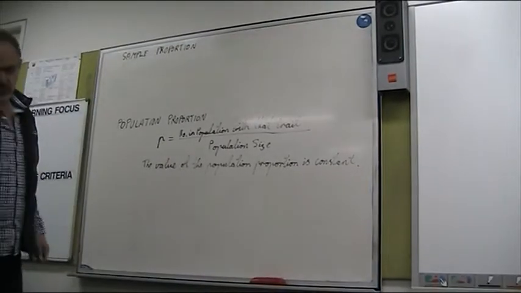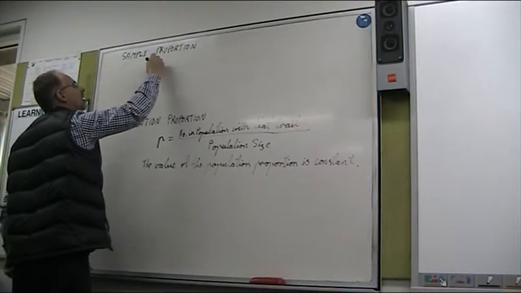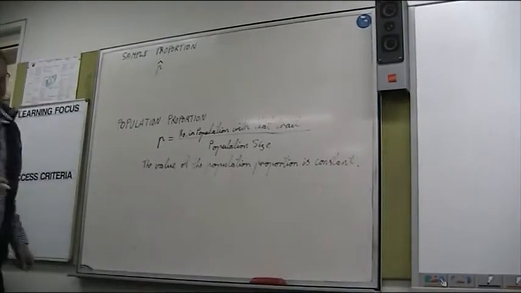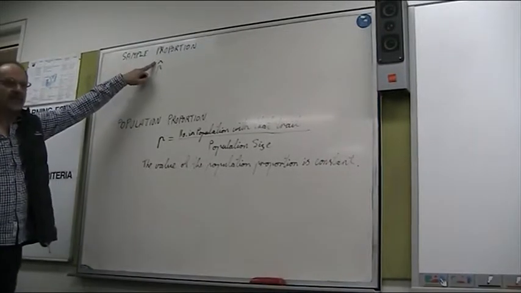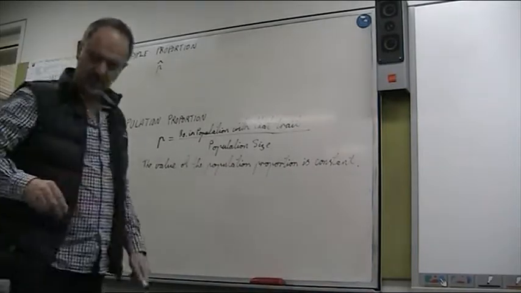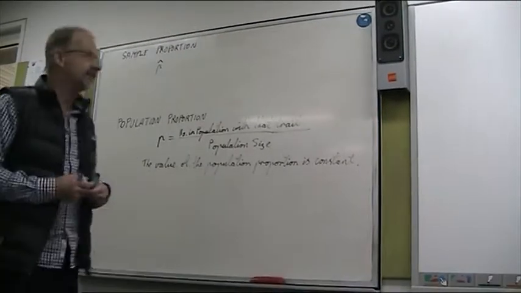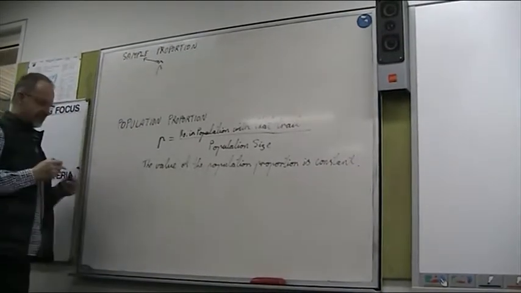All right, sample proportion. So the symbol we use for sample proportion is the P, and I put a little hat over the top of it. All right, so the little hat relates to the sample. So any of this stuff that has a hat on it means sample.